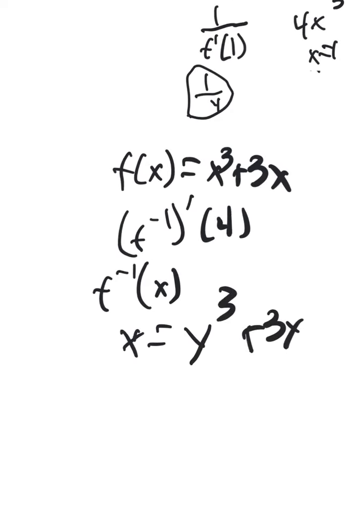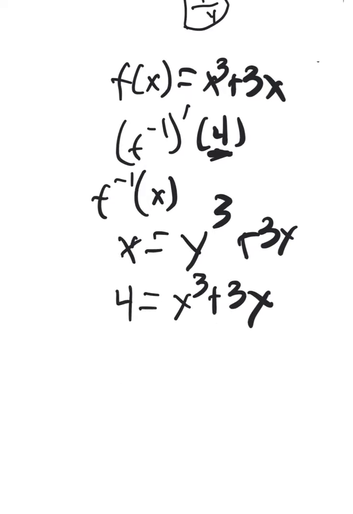Now we want to solve for what the y value is, because we only have the x value as being x equals 4. So we need to find the y value so we can plug that in. So now we have 4 equals y cubed plus 3y.